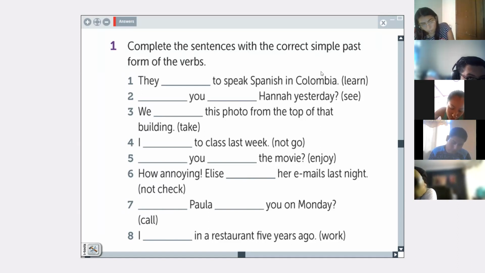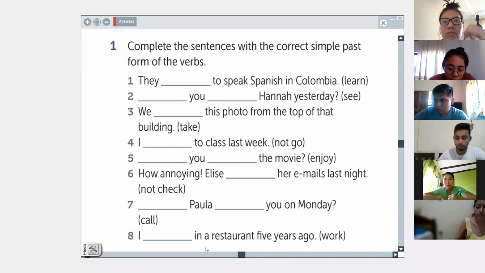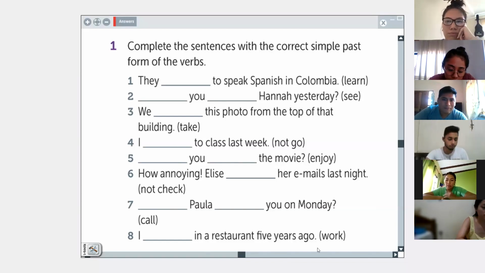So here we have some verbs in parentheses, as you can see. Use those verbs to complete the sentences, okay? I'm going to give you some minutes. Let's start with sentence number 1. Please, Axel, can you read sentence number 1?